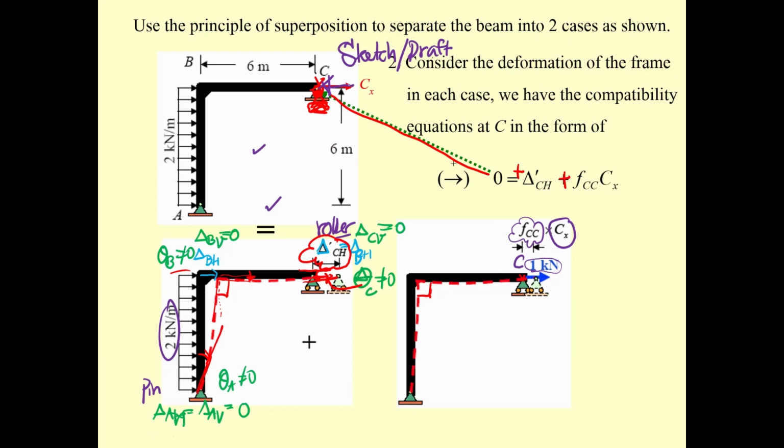They just would like to show you that if you make a wrong assumption, the problem will take care of it. And then the solution is going to be the same, whether you make a good assumption or a bad assumption. Now, you will have C sub X equal to minus delta sub CH divided by f sub CC.